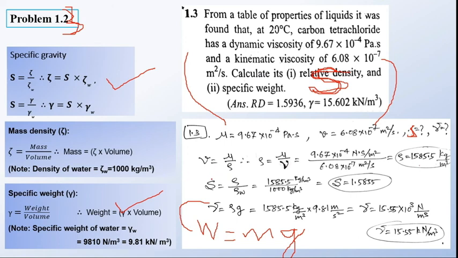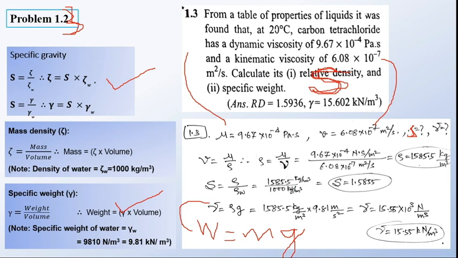And then if you look at the units also, this is kg per meter cube, whereas acceleration is meter per second squared, and this becomes kg meter per second squared, which is nothing but Newton, divided by meter cube remains. And magnitude wise it gets simplified to 15.55 into 10 raised to 3.